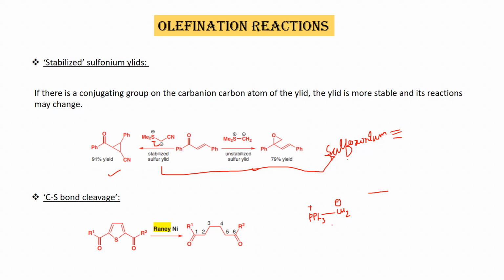This I will discuss in the next class because I didn't add questions from that. But I will just give you an idea. If you add this type of ylide to a simple carbonyl compound, what will happen? This negative center will attack here, this opens up, forming this O minus.